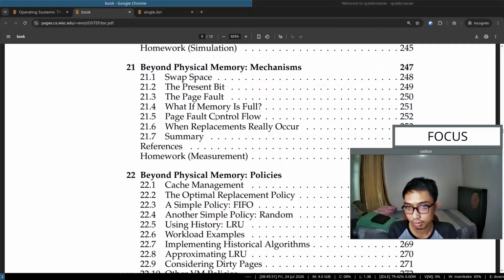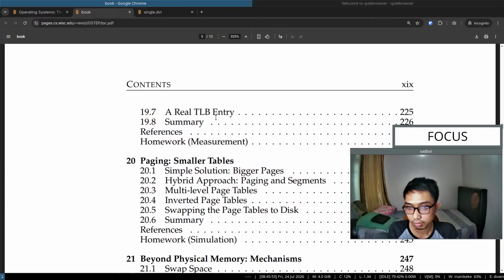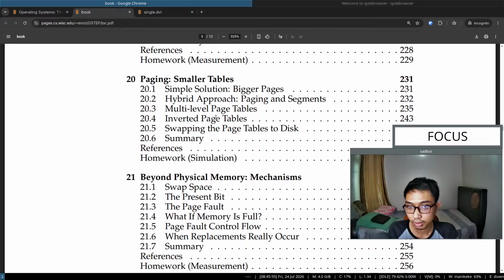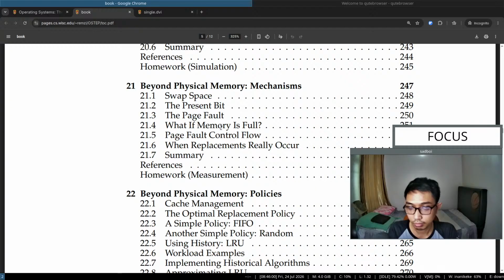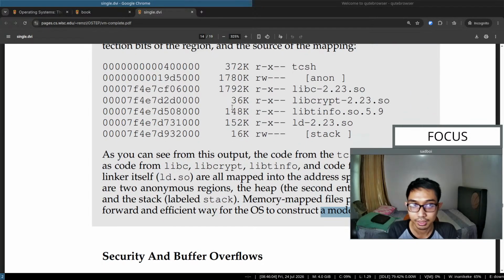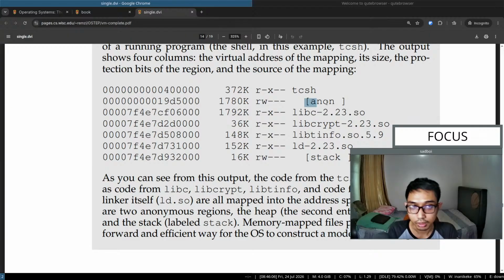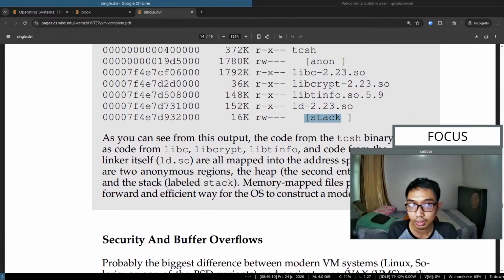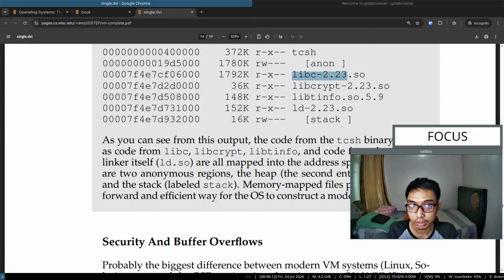Probably chapter 20, maybe. Yeah, I don't remember. But I remember we took a look at this kind of information, I guess.